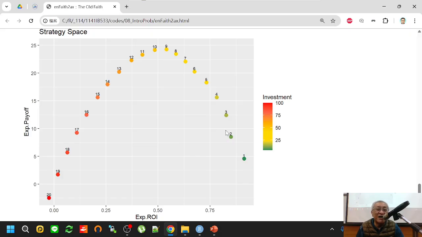But if we increase our investment, our ROI is dropping, but our expected payoff is increasing. And this net payoff will increase up to the point that we invest 9 periods.